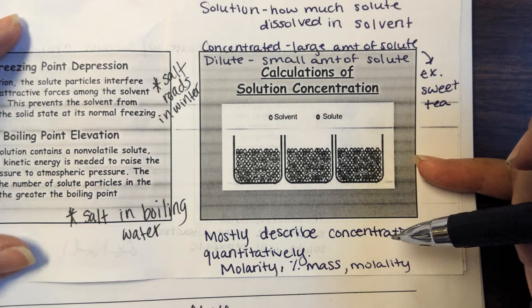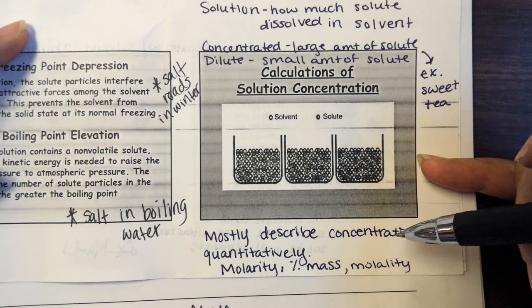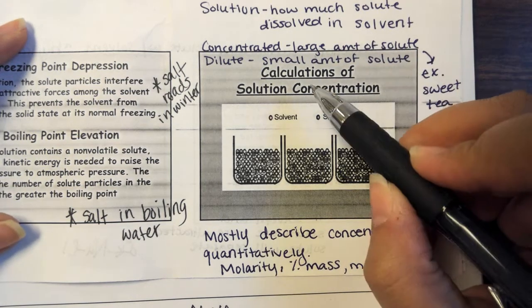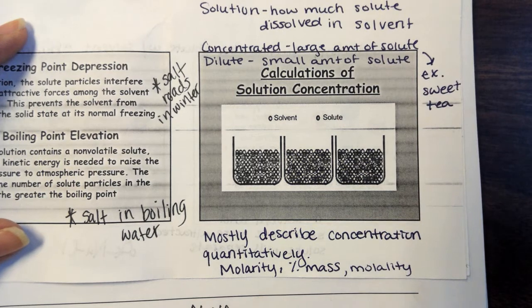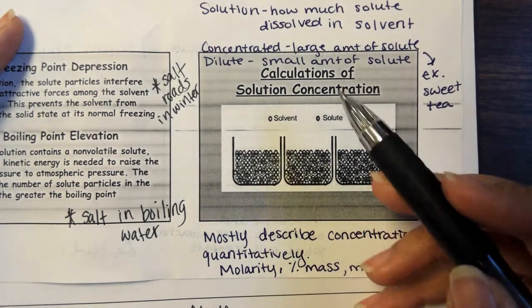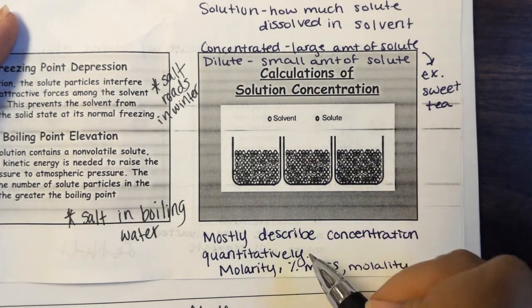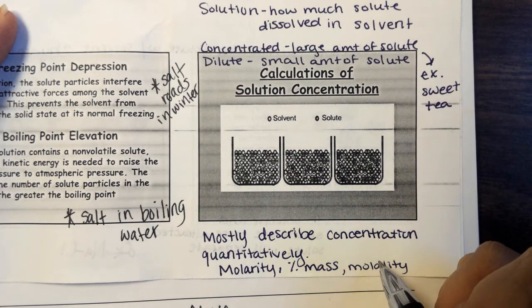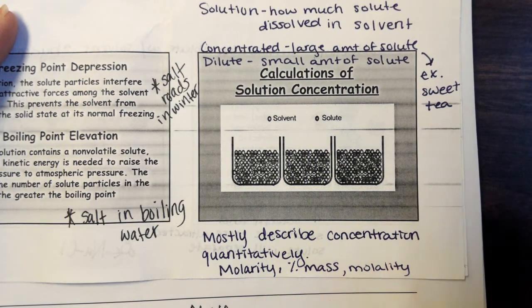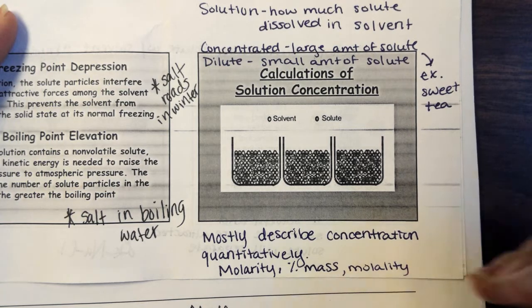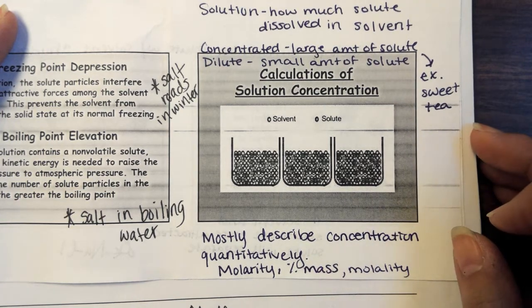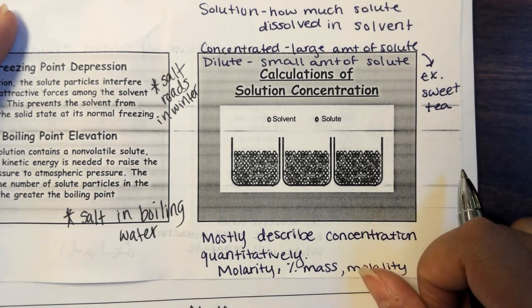If we say this tea is diluted or has a low concentration, that usually means there's a small amount of solute. And when we use concentration, we are looking at it quantitatively, not qualitatively, as we have looked at before.